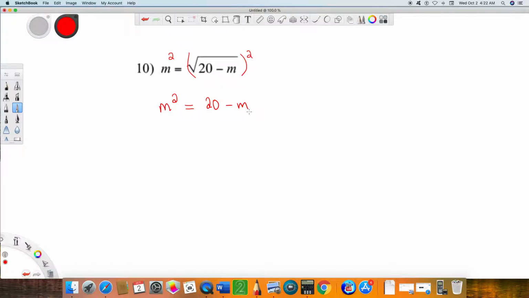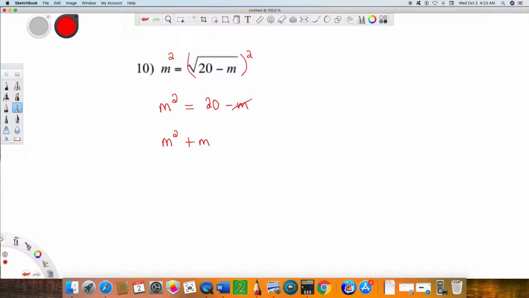All right, so this is a quadratic equation. Let's get it in standard form. I prefer to have a leading coefficient, so I'm going to leave that m squared right where it is, and I'm going to add m to both sides. When I add it on the right-hand side, that term cancels, and then I have to add it on the left to balance the equation.